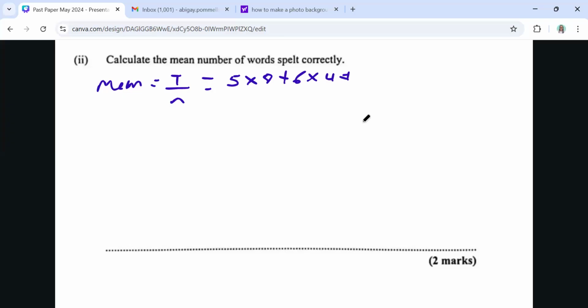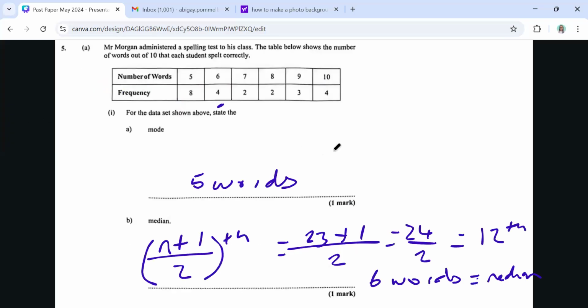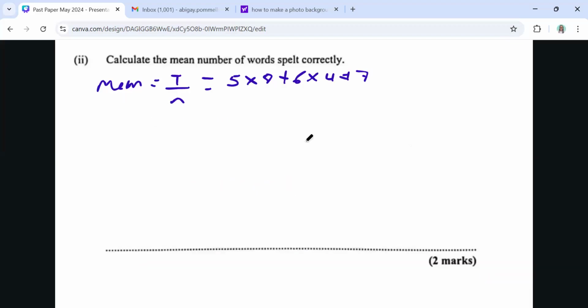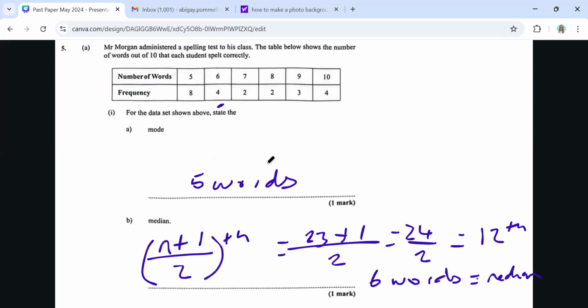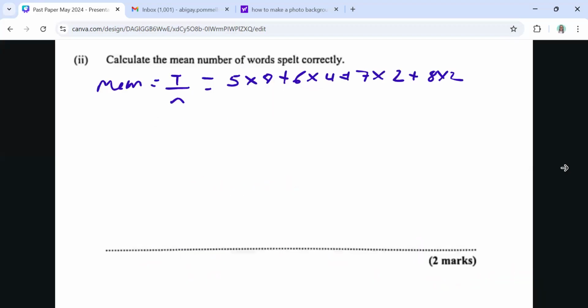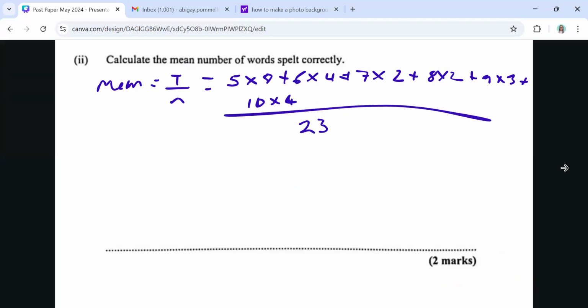And I put an addition sign, because that is the total we're finding. 7 times 2. 8 times 2. 9 times 3 and 10 times 4, right? I put 10 times 4. And then all of that divided by 23.